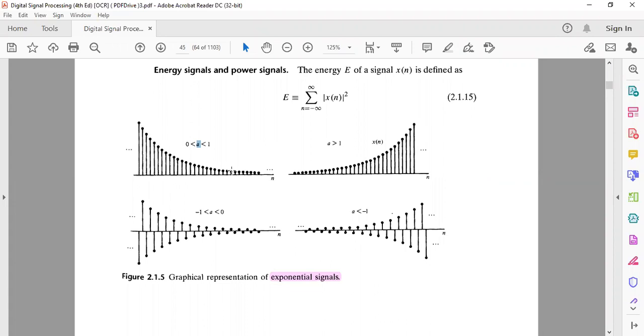If a is rather greater than 1, then this is a growing exponential. When a lies between -1 and 0, you have your signal like this. And likewise, when a is less than -1, this is what you get.